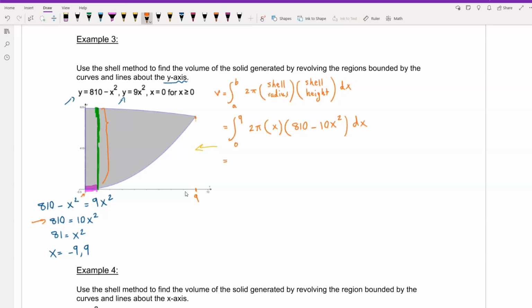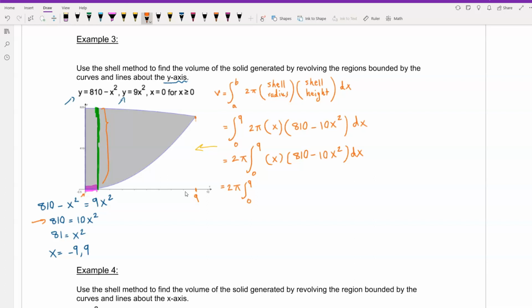Now here we have 2 pi, which is constant, so move this outside of the integral, and then rewrite this part and simplify. So here we have x times 810, x times -10x squared.